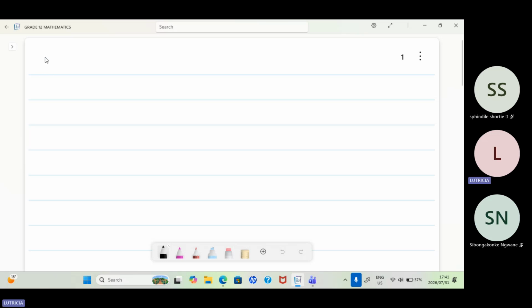So when we look at the tree. Okay, so we're gonna start with the basics, which is gonna be the trigonometric ratios. So I'll just summarize it as trig ratios.